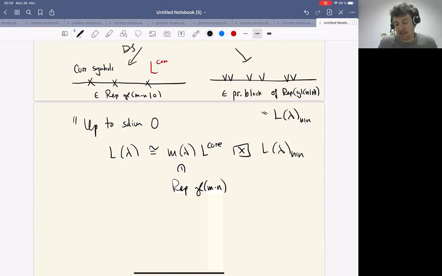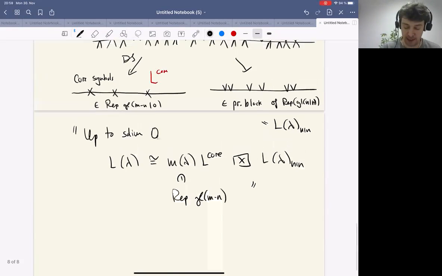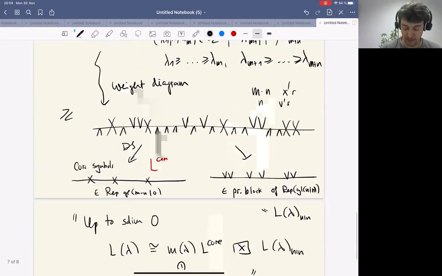So in what sense is this true? I mean, for instance, there's a superficial way in which it is true. And you see this basically here in this part. This DS functor is a symmetric monoidal functor. It preserves superdimension.